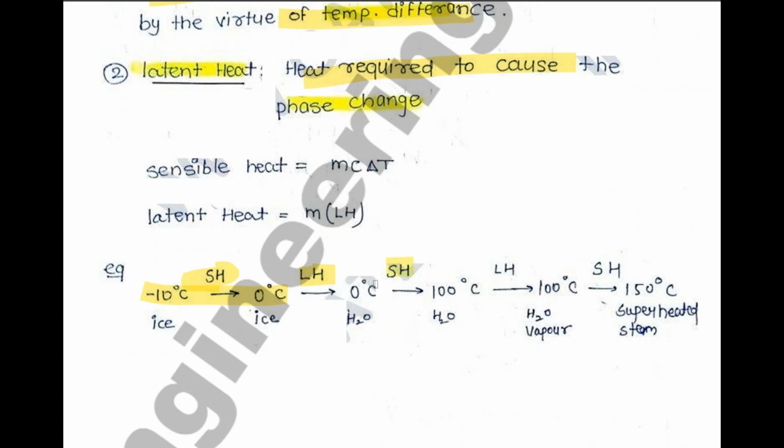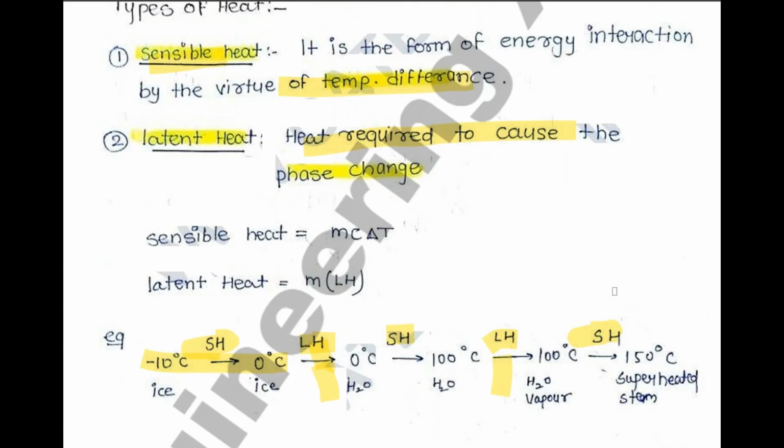Then again, 0 to 100 degrees Celsius will be sensible heat, and at 100 it will boil and evaporate, so it will be latent heat. Here we should say latent heat of fusion. Here we should say latent heat of vaporization. And again, to make it from vapor to superheated vapor or steam, we again need sensible heat.